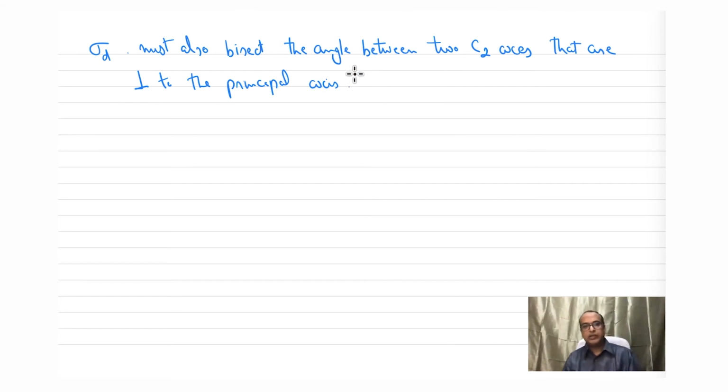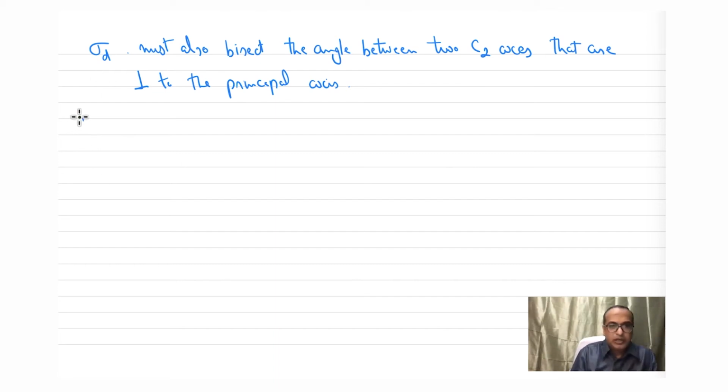If it fulfills these two conditions, that it must lie along the principal axis and it must bisect an angle between the two C2 axes that are perpendicular to the principal axis, then it is called sigma d or dihedral plane. However, in certain cases it is difficult to judge whether it is a sigma v or sigma d. In those cases, it does not really matter for applying symmetry arguments to solve physical problems.